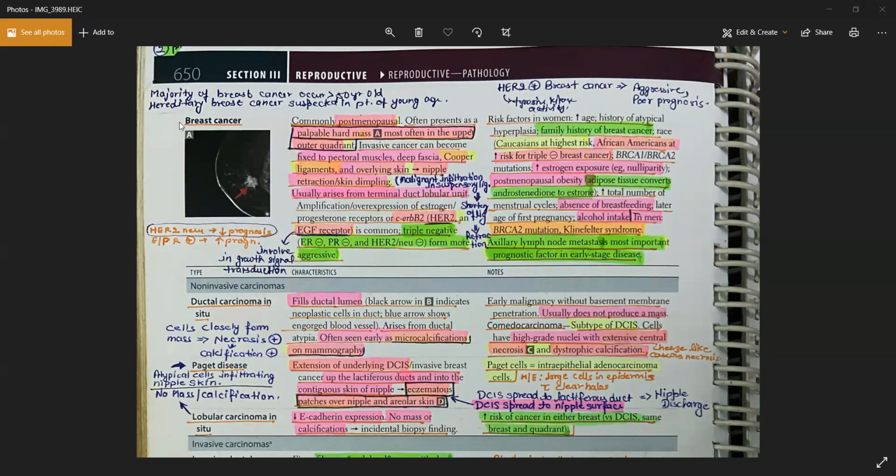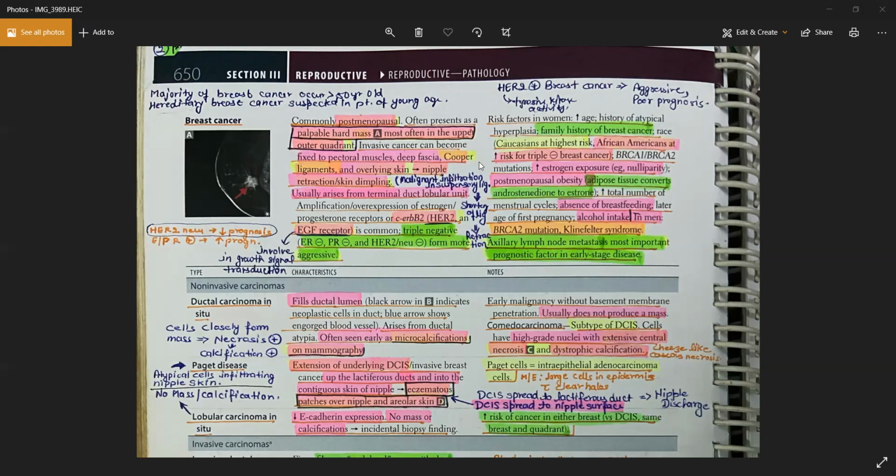Now, when the cancer occurs, you will get necrosis again, and hemorrhage, and this necrosis can lead to healing with scarring. When these malignant cells infiltrate the Cooper ligaments, which are present in the stroma of the breast, remember the stromal tissue?